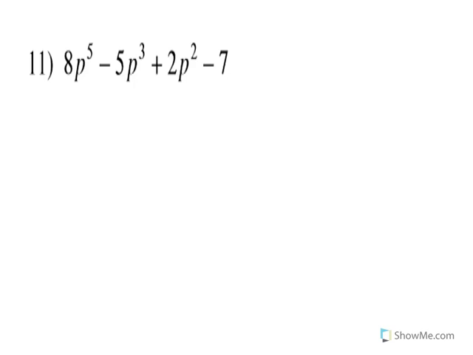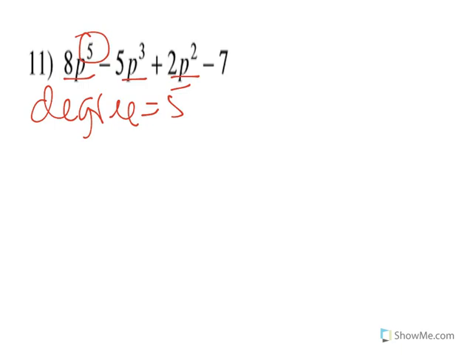And our next example, number 11. Notice that we have a polynomial, so we're looking for the term with the highest degree. So this is the highest degree, so the degree for this expression is a 5. Right? Okay, and here we have 1, 2, 3, 4.